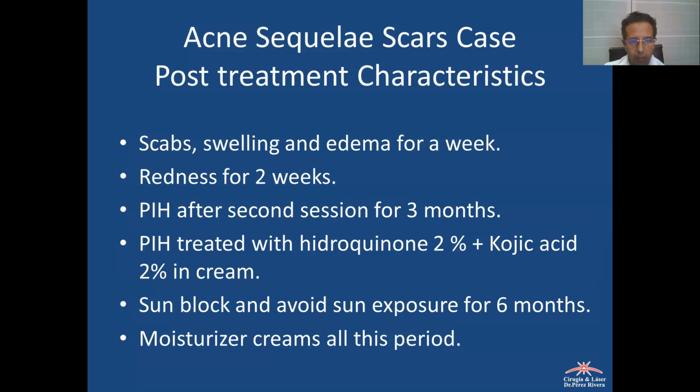We treated it with hydroquinone 2% plus kojic acid 2% in cream. And of course, we advise our patient to use sunblock and avoid sun exposure for at least 6 months, and moisturizer cream during all this period.